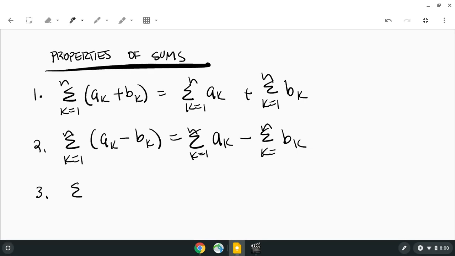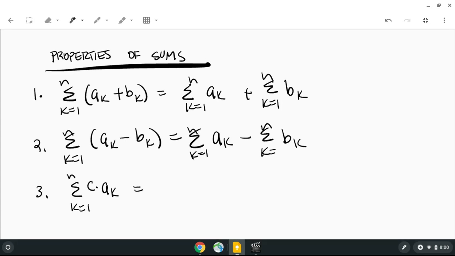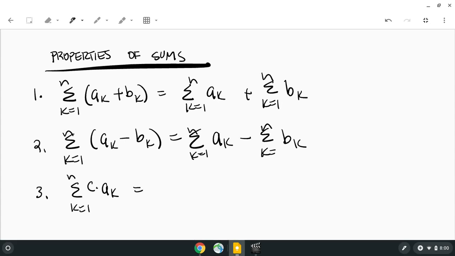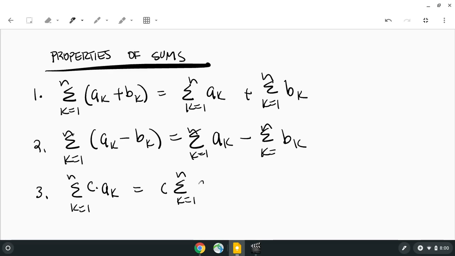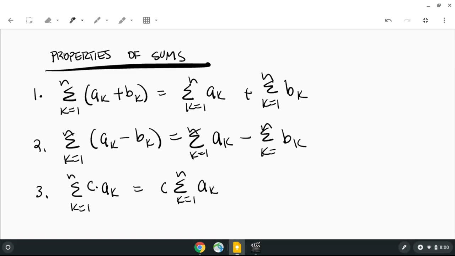If you're taking the summation and you have a constant times your function, this is saying that you can factor out that constant, and multiply it once you get the sum. Once you get the sum, then you can multiply your answer by c. So that's all that's saying.